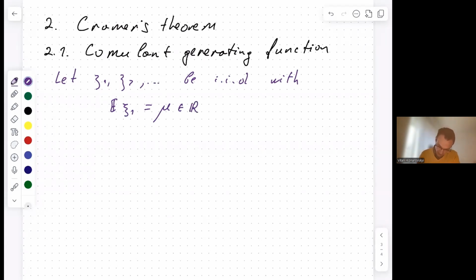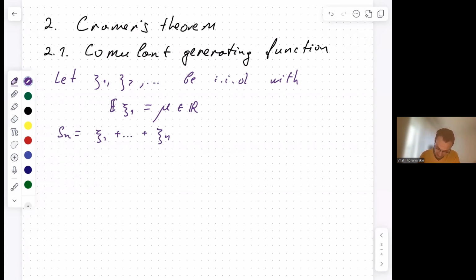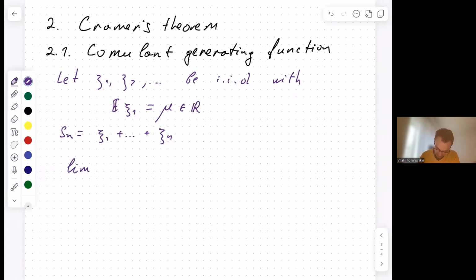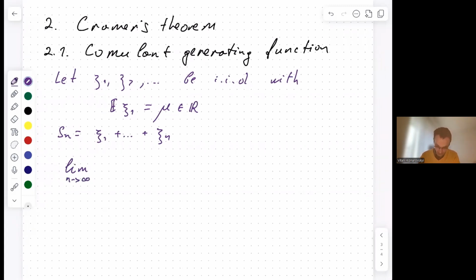And as before, consider Sn, it is the sum. And then we are interested how we can estimate the limit as n going to infinity of 1 over n logarithm of the probability that Sn divided by n is larger or equal than x, where x is larger or equal than mu.